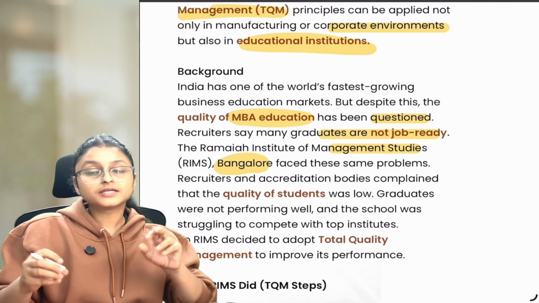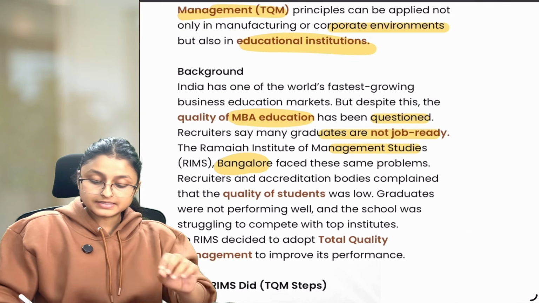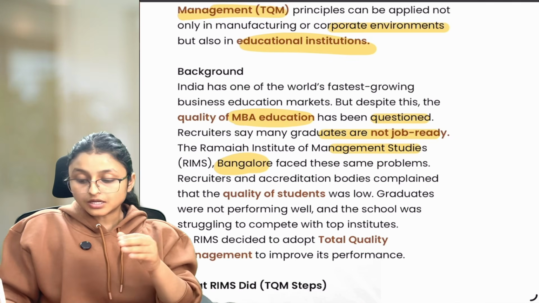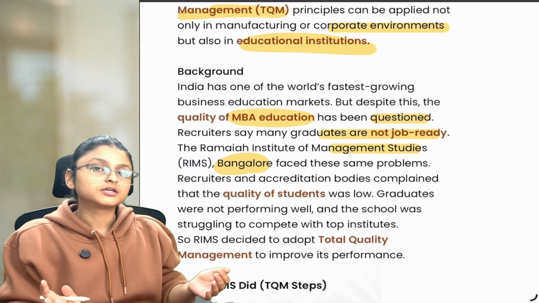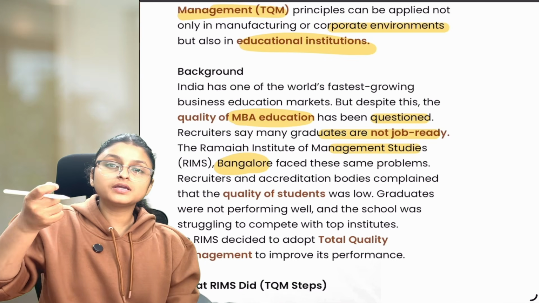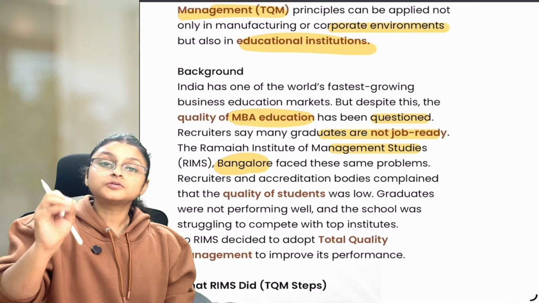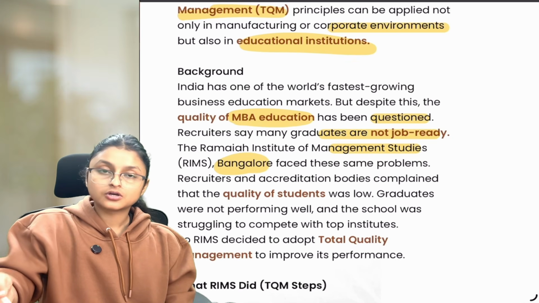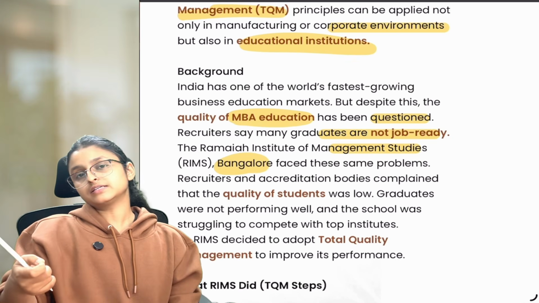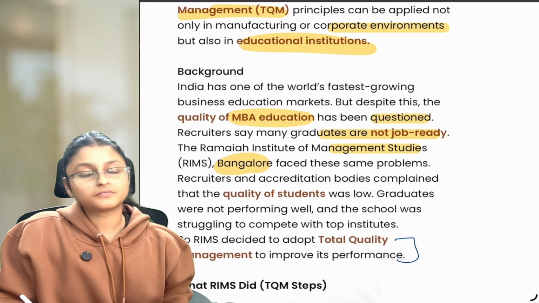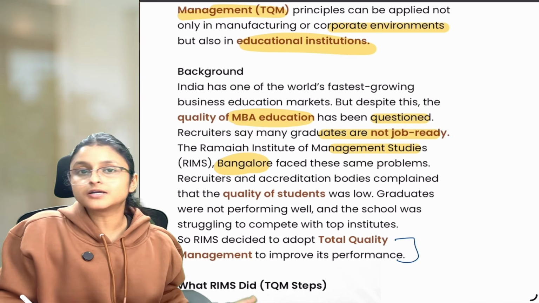So what did the RIMS Institute decide? They decided to apply total quality management to improve their performance. Now, this is the type of thinking which organizations have to apply. First of all, there should be a management philosophy or management thinking that there is a need in our organization to apply total quality management. Without this thinking, it can't be applied.